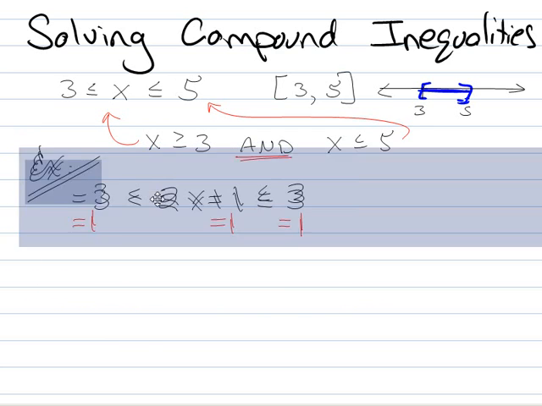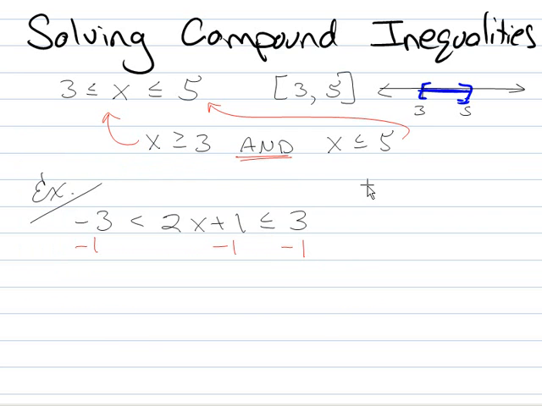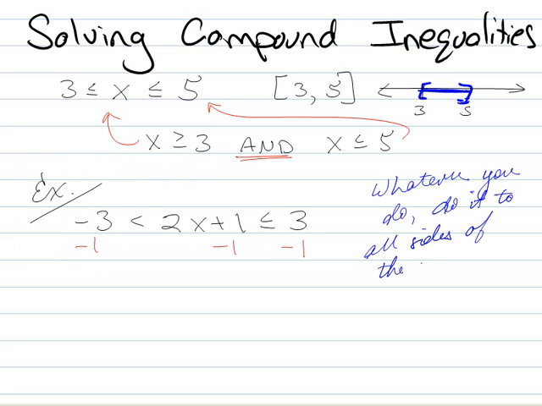Whatever you do, do it to all sides of the equation. So -3 minus 1 is -4. 2x plus 1 minus 1 is 2x. And then less than or equal to 2.